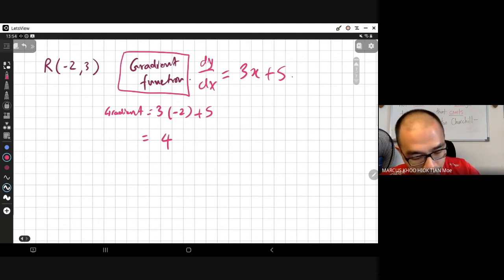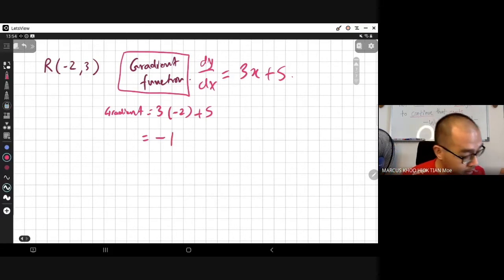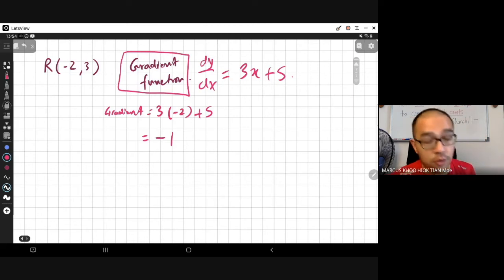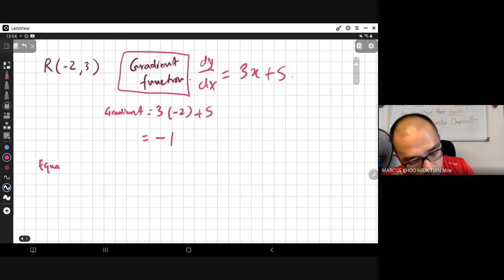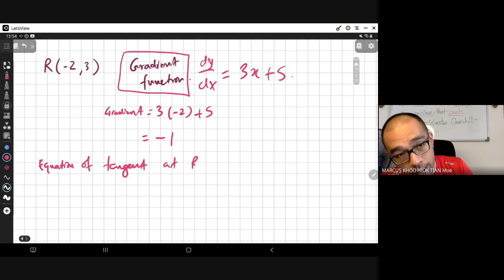Sorry, is it negative 1? Yes, it should be negative 1. It will give you negative 1. Now, the question is asking for the equation of tangent at the point R (-2, 3).